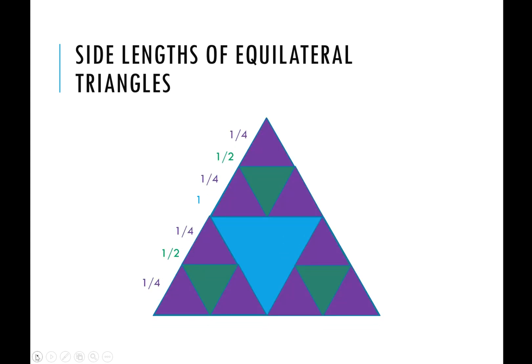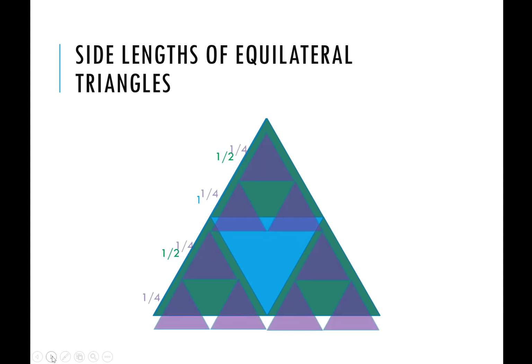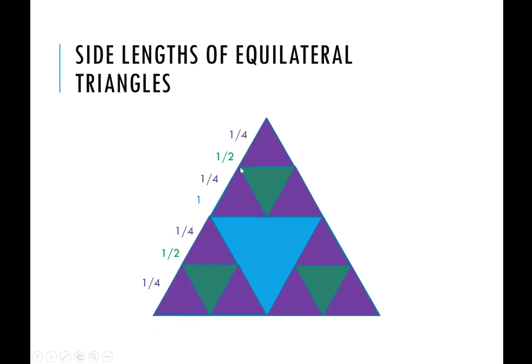So if I layer these triangles on top and I create another set of triangles at the midpoint, that would mean that I would now have triangle lengths of 1/2, because I'd have half there and half there. Then if I did it one more time, I make a triangle pair at a midpoint here and a midpoint here. Now I have 1, 2, 3, 4, meaning all the purple triangles, their side lengths all the way around are 1/4.